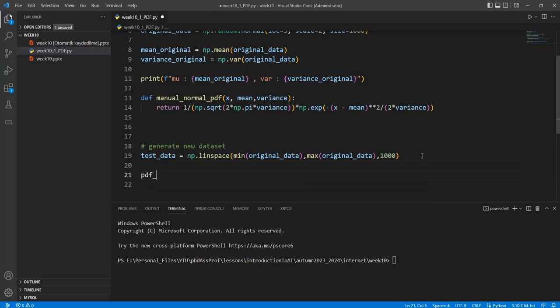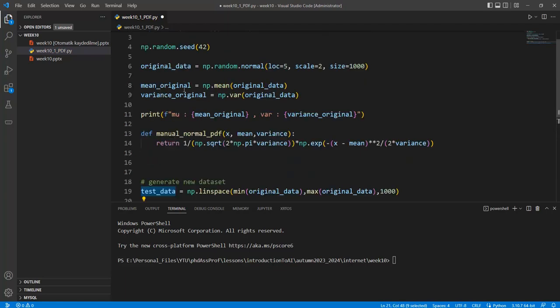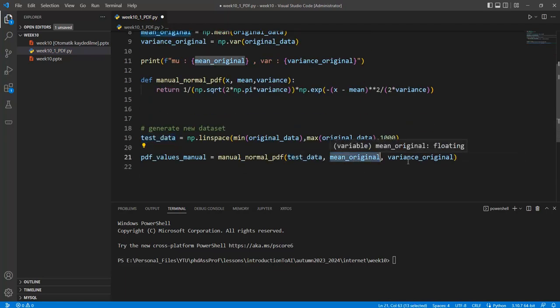And PDF values manual is equal to the manual normal PDF function with test data, mean original and variance original, right? This test data is not the original data, but if we take this mean original and variance original for the given test data, then we can create the probability distribution for new data, right?